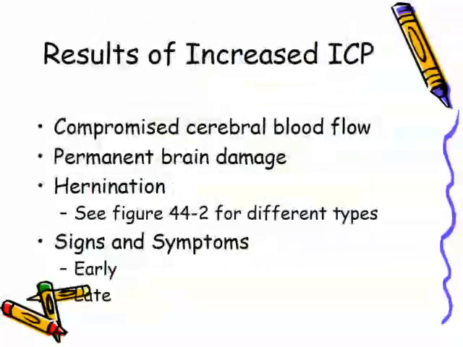For those patients that have sustained increased intracranial pressure, it's going to lead to compromised cerebral blood flow, permanent brain damage, and possibly herniation, which we talked about earlier. A lot of times we can pick up early and late signs and symptoms of ICP to catch it, I should say, before that patient develops a poor sequela from it.